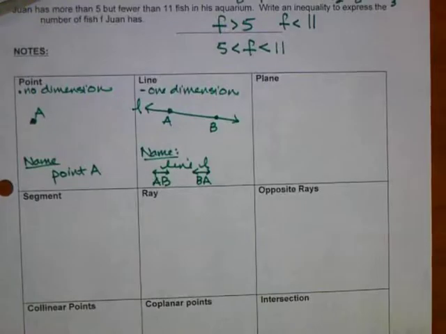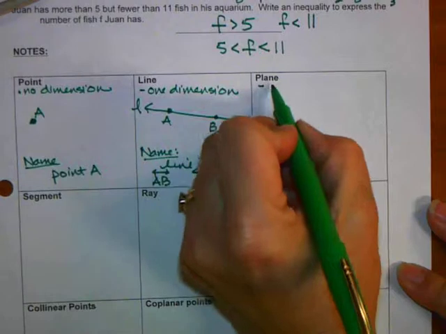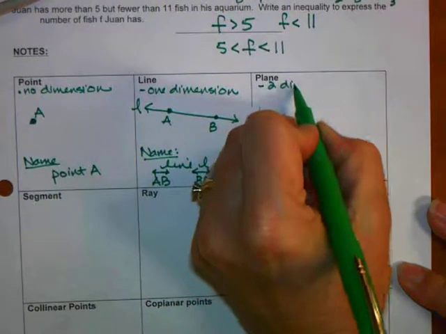All right, a plane. So a plane is like this, sort of. It's flat. But it goes forever, which is hard to imagine. But we're just going to draw a smaller one because we can't draw one that goes forever. A plane is 2 dimensions.